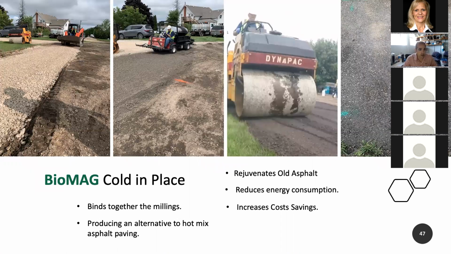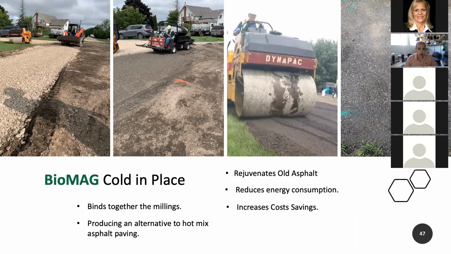So these images show some of the cold in place process in action. Over here on the left, there is a test strip that just has a very coarse gravel underlayment. You see one of our collaborators bringing in the asphalt millings on a skid steer.